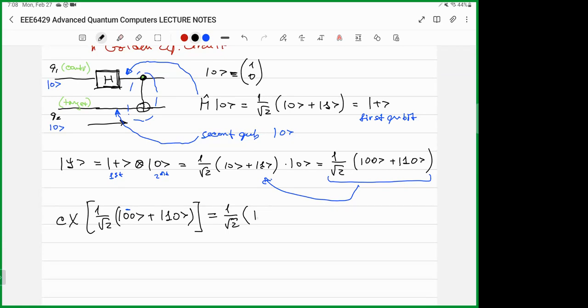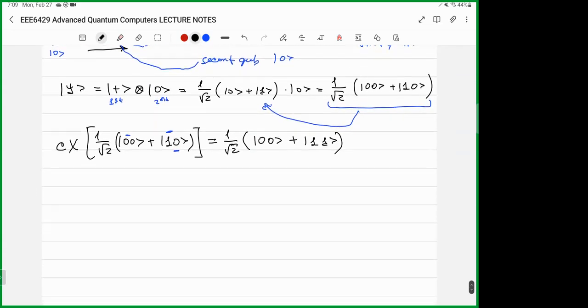It will be just state 00 here. And then plus, for the second term, my control qubit is 1, which means I have to flip the target qubit. So the target qubit will be flipped to state 1, and in result I get state 11.